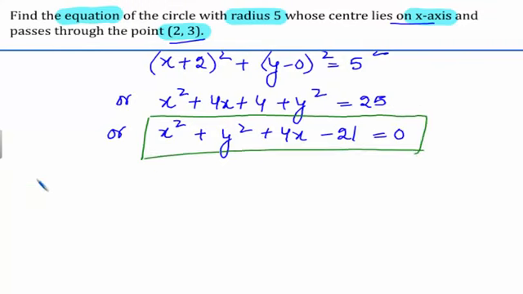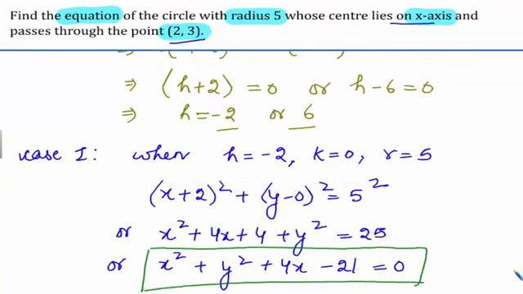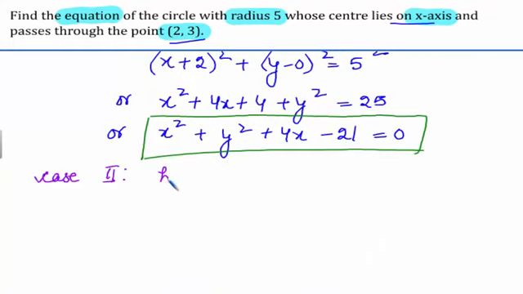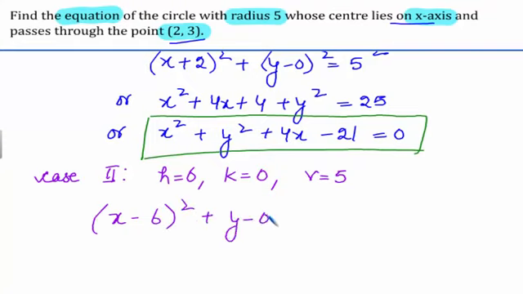Now let us consider case 2, when h is equal to 6, the values of k and r remain the same. Therefore we have x minus h, that is x minus 6 whole square, plus y minus 0 whole square is equal to r square, that is 25.